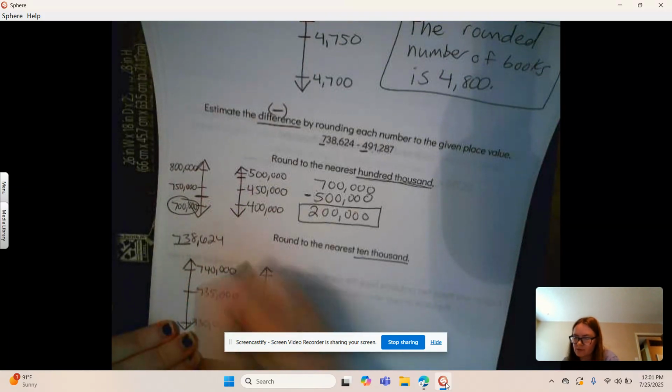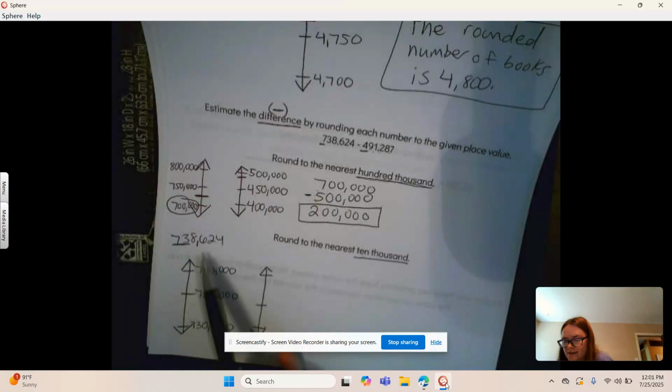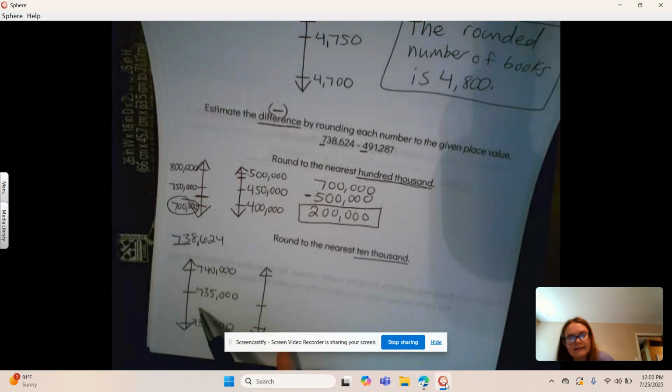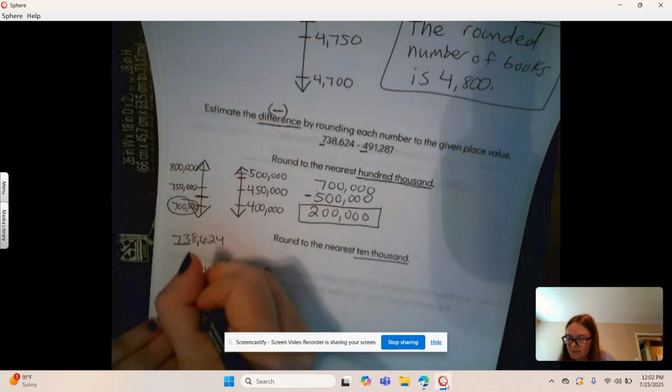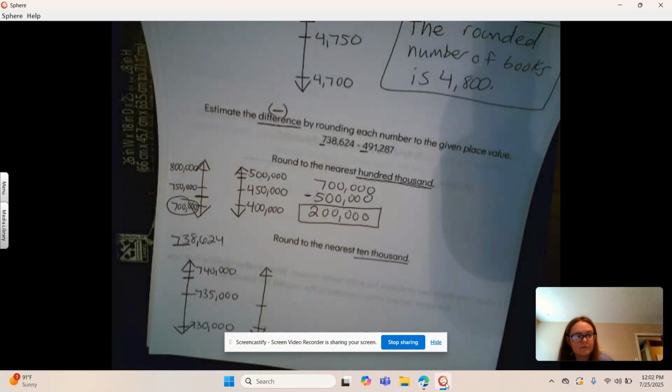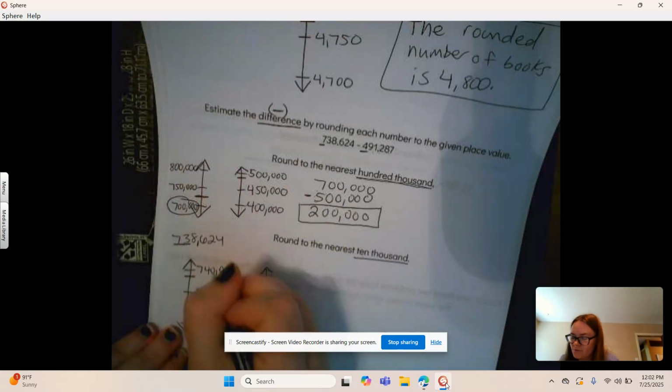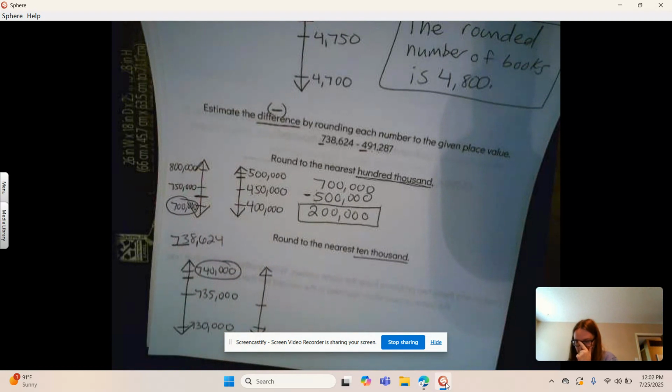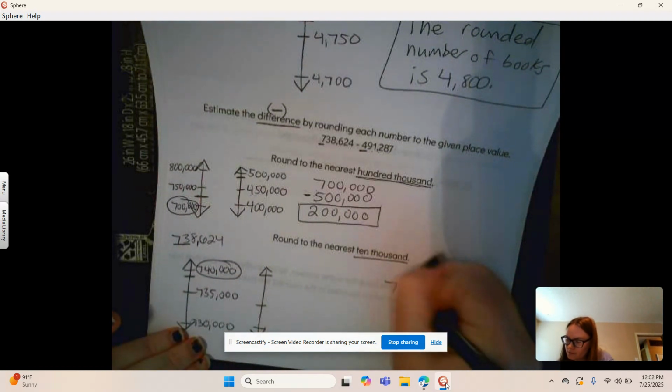Good job. Okay. Our 738,624, is that going to be greater or less than 735,000? It's going to be greater. It's going to be about right there. So which endpoint is our line closest to? 740,000. Good job. So we're going to write that right here.